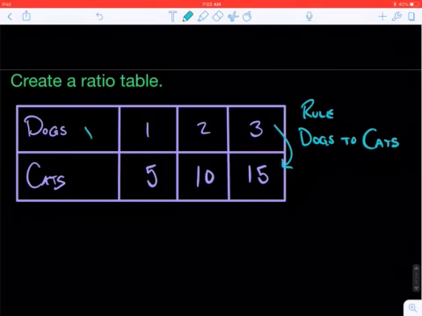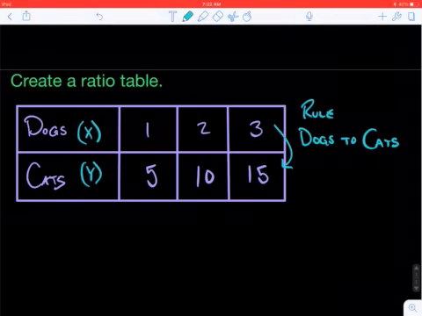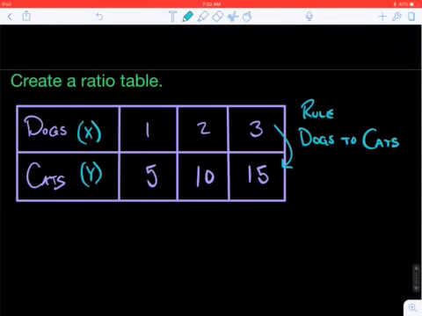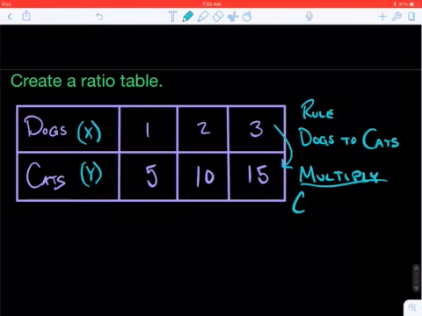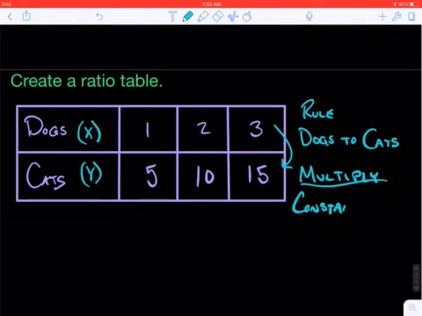So dogs are essentially our X and cats are essentially our Y. So we're looking for a rule, and yes, we are looking for something we can multiply by all X values to equal Y. This thing that we multiply, yes, we always multiply, is called the constant of proportionality.